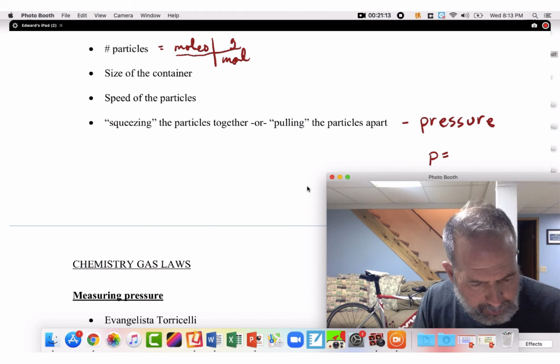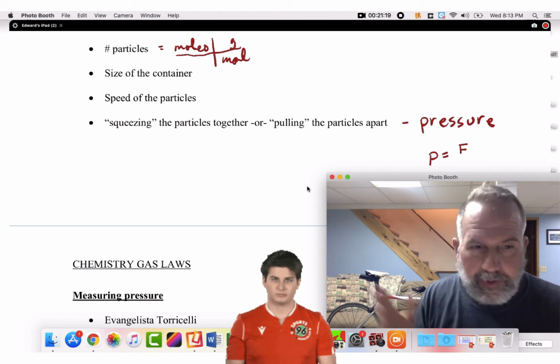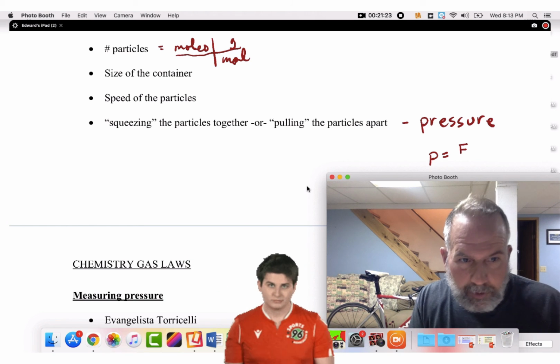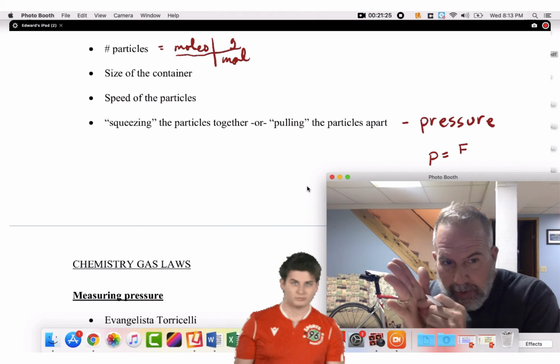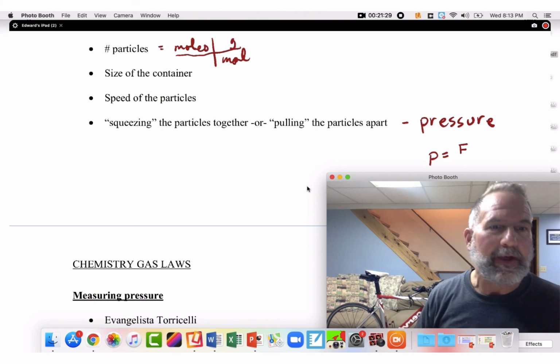For you guys who are keeping track, pressure equals the amount of force, and the force is the collisions, the pounding, the hitting, right? The force is the particles moving around. F equals ma. Particles are accelerating. As they hit something, they bounce off. That's the acceleration, stopping and bouncing back the other way. And they have mass.